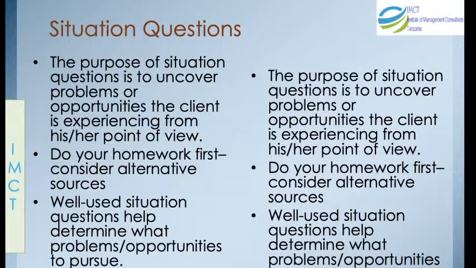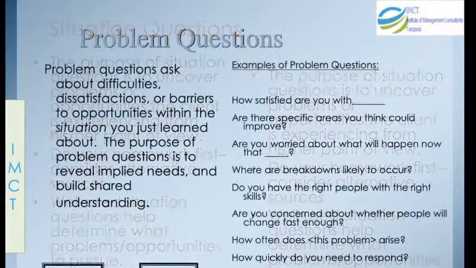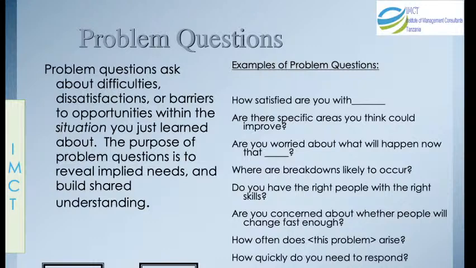You need to use the questions to build relationship and to convey interest to the client, to show that you're really interested in that job.